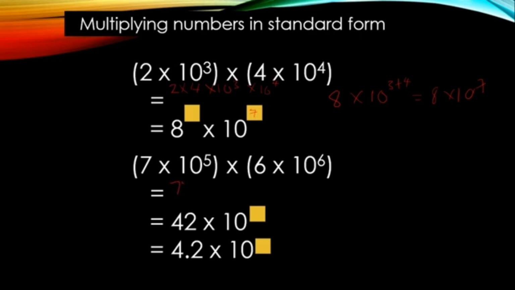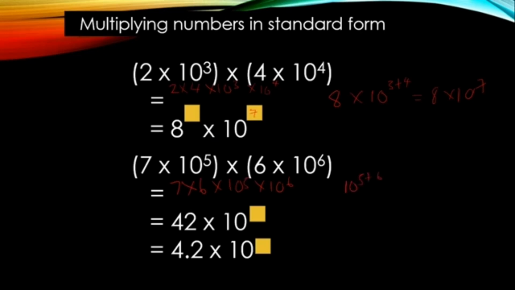So we can rearrange it to this form: 7 times 6 times 10 to the power 5 times 10 to the power 6. Again, we can include a step where 7 times 6 gives us 42, and then 10 to the power 5 times 10 to the power 6.